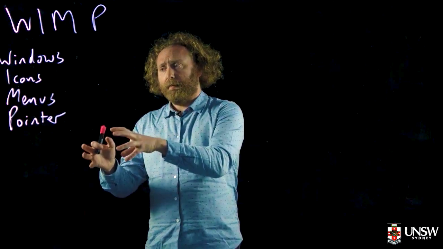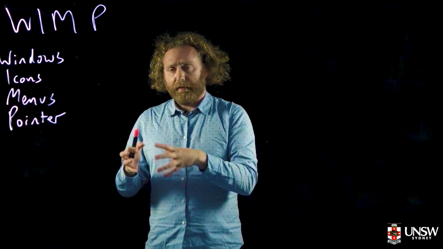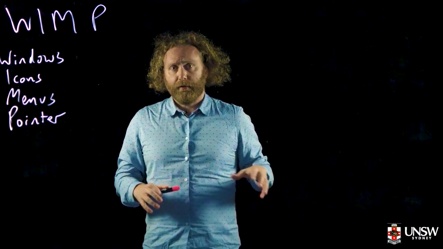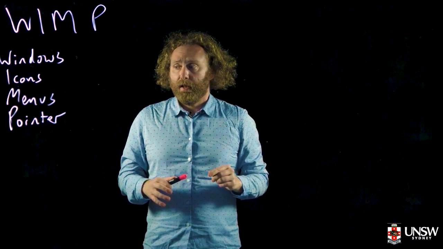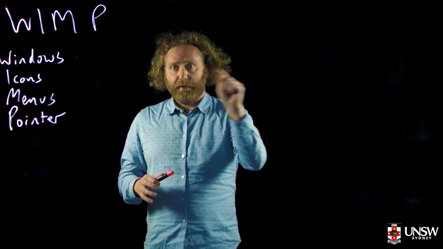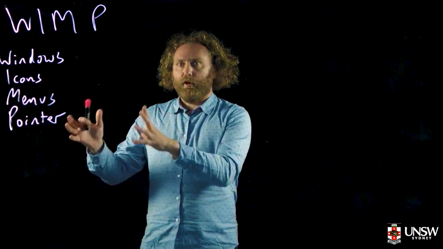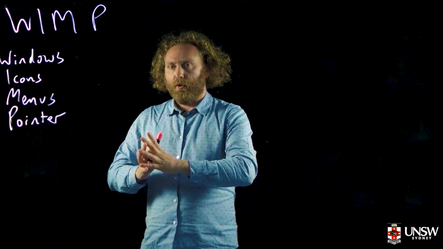And really fundamental is the idea on a desktop environment of having a pointer. So the paradigm of interaction there is using a mouse or a trackpad, possibly using touch-based interaction, but the idea is you're moving a pointer around the screen and clicking on things. So that frames the way that we've set up using computers for many decades.